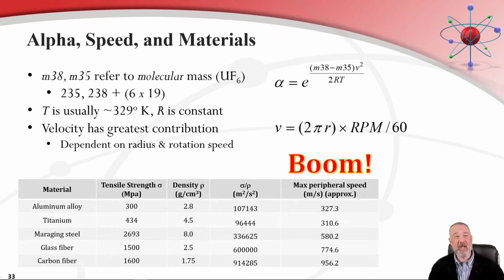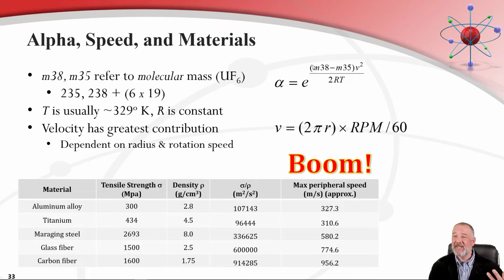And the tangential velocity is related to the rotational velocity by this very simple equation, which is 2 pi r, where r is the radius of our spinning cylinder, multiplied by the revolutions per minute divided by 60.